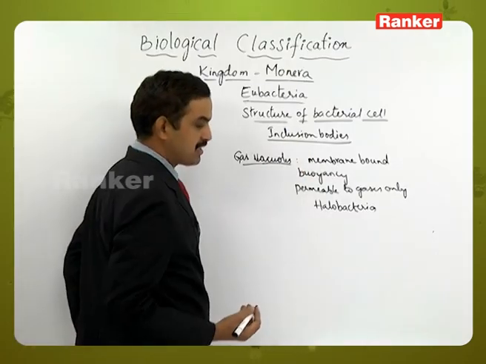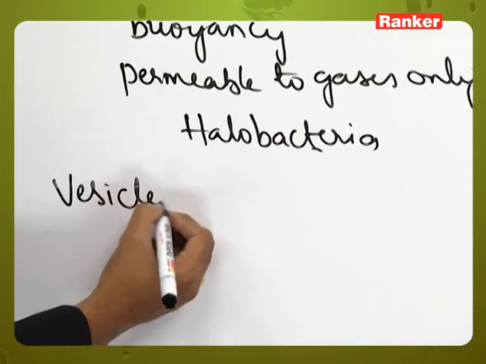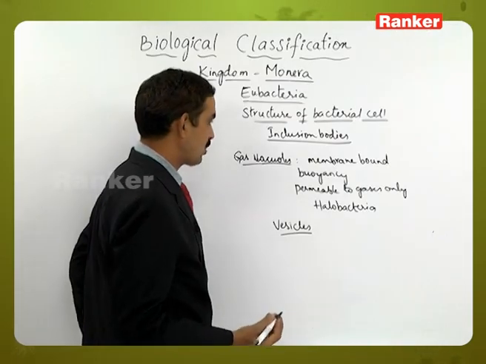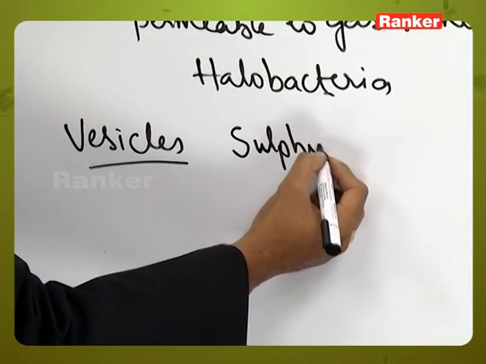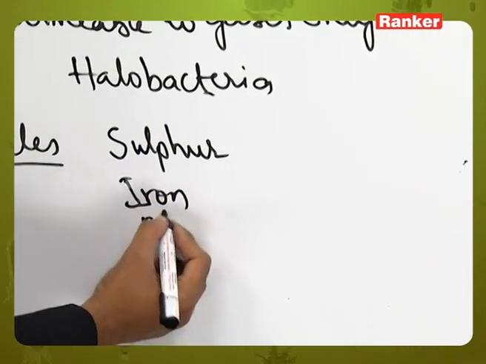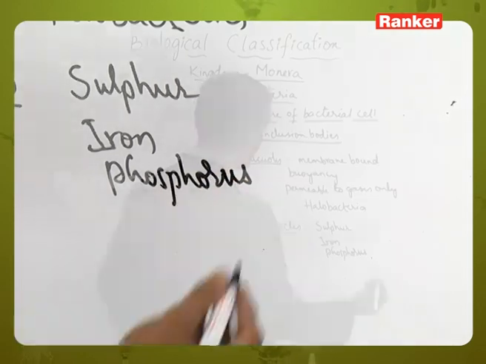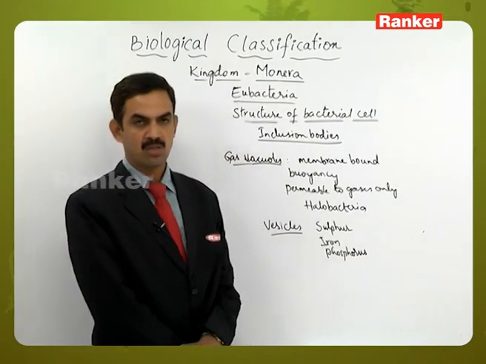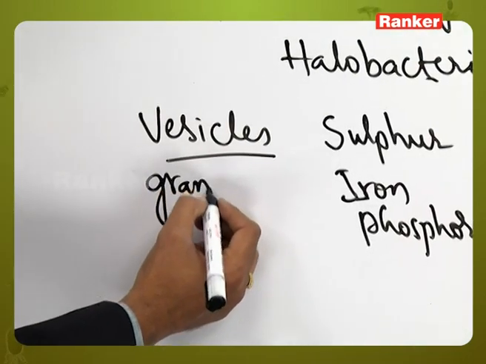The inclusion bodies contain vesicular structures, called sulfur vesicles, iron vesicles, and phosphorus vesicular structures, which help in the storage of those particular substances. These structures are granular structures.